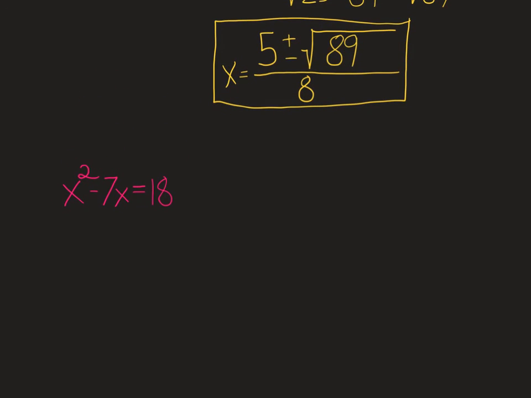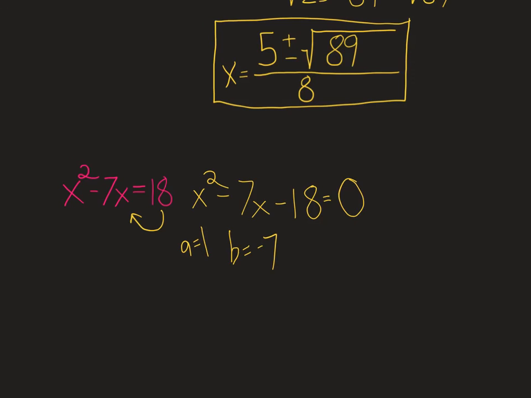Okay, second one. That 18 needs to be moved over. It's just going to be minus 18 to move it across. Now it's 0, so I've got an a value of 1, b value of -7, and a c of -18.